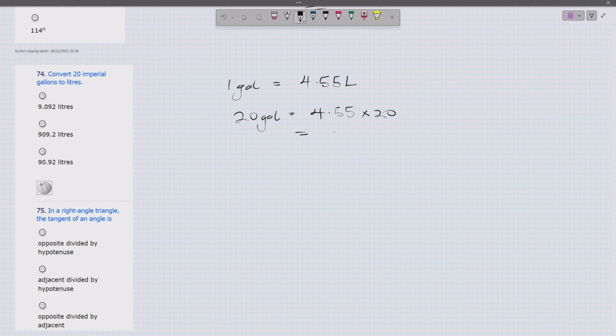It's going to give you 91 liters. It's approximately, the answer that we have here is 90.92 liters. That is the right answer.